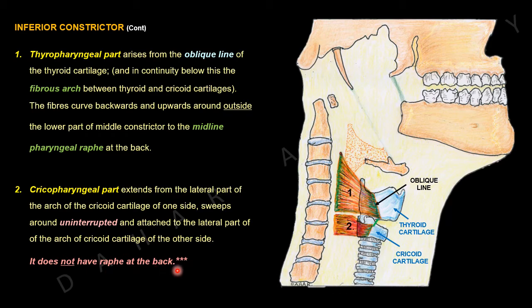So all the constrictor muscles have a raphe at the back, that is the superior, middle and thyropharyngeal part of the inferior constrictor have a raphe at the back, except the cricopharyngeal part of the inferior constrictor.